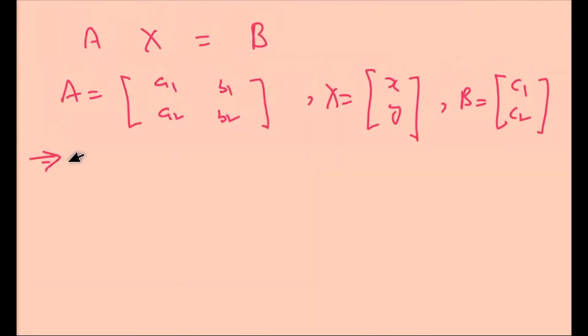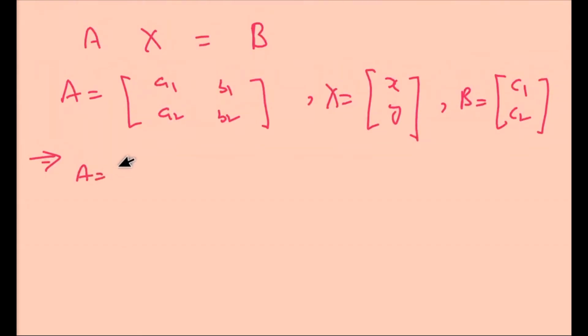So I am defining the determinant first, then at the last we will come back to this point, the solution of linear equations. Now I will tell you the next point.